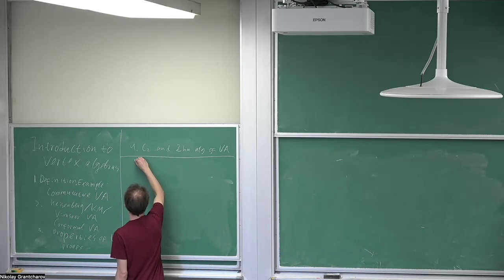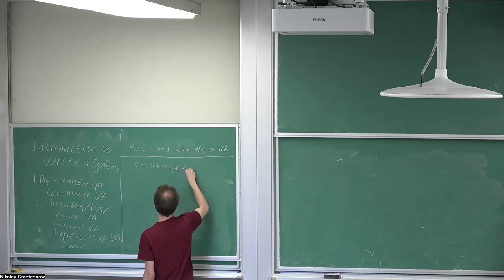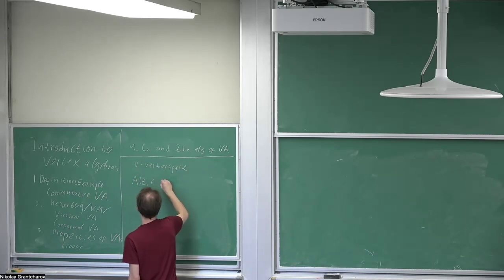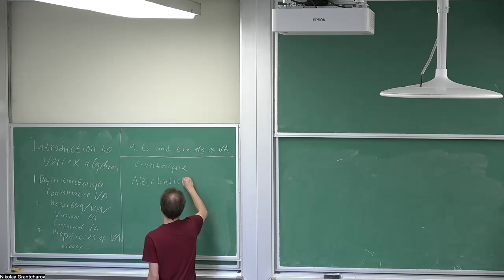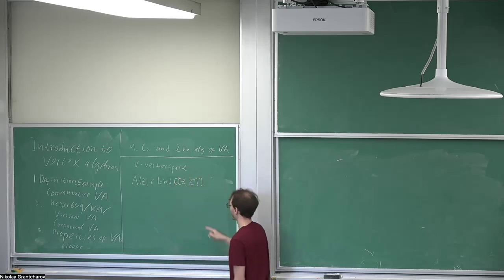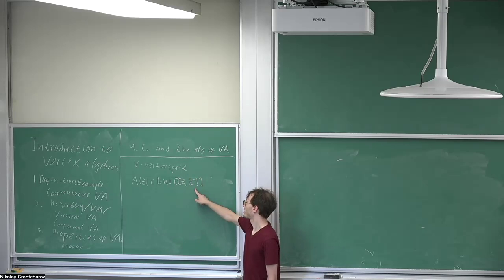First, I define a field. So if V is a vector space and A(z) is an element of V[[z, z^-1]], this will be the notation for two-sided series.